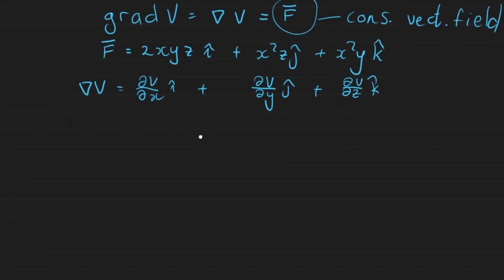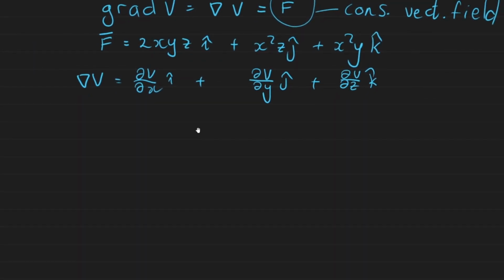So now, can we check if f is the derivative of some scalar function, and carry on in that manner? So what we have to do is integrate. If we get a nice looking perfect integral, then it means that this was the case. So dv/dx is now 2xyz.